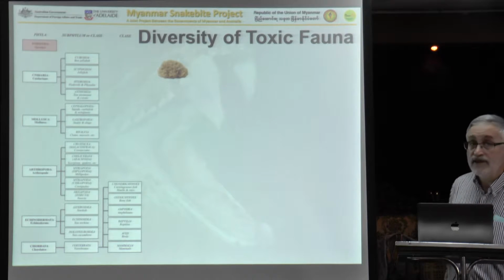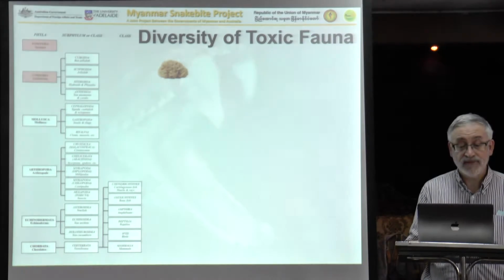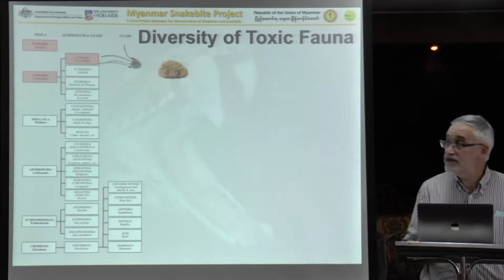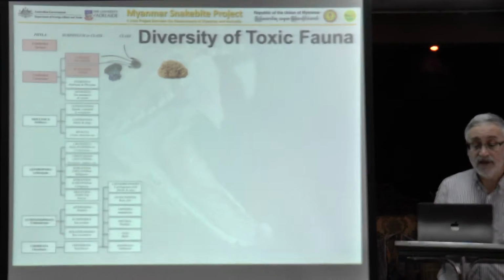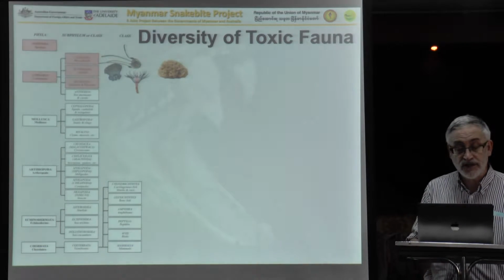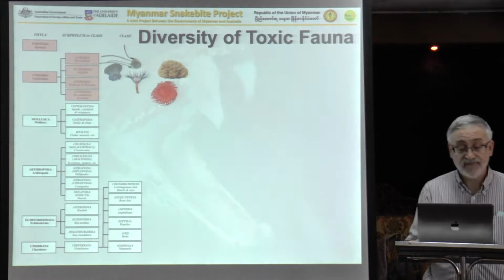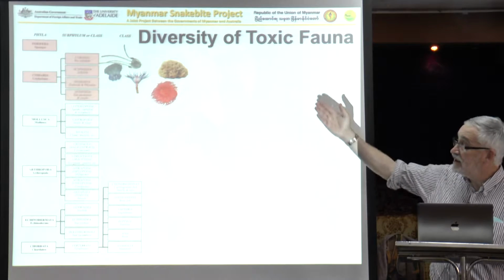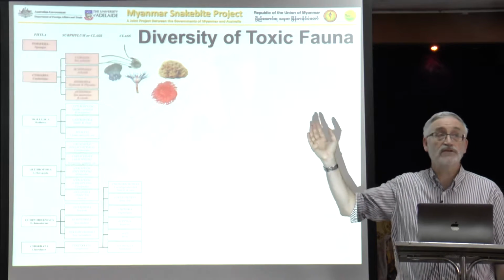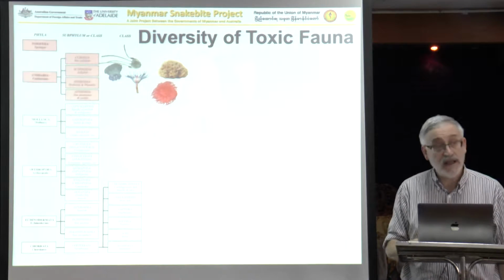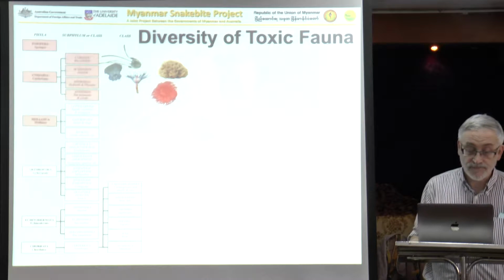Starting at the most primitive with the sponges, then going on to the cnidarians, the things like the jellyfish, and there are several different types of jellyfish including hydrozoans, the sea anemones, etc. And some of these can produce lethal toxins that can kill humans. Not so much in the waters around Myanmar, but in other parts of the world.